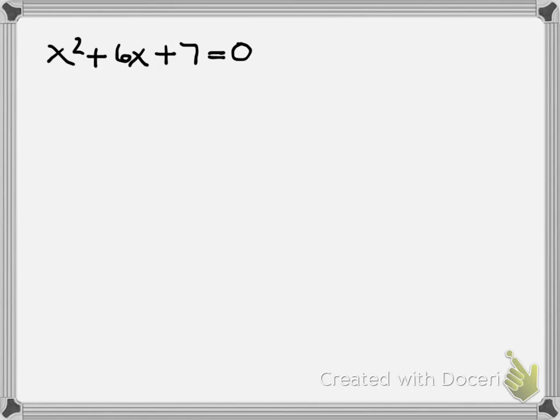Is that a trinomial square? No. At this point, we're stuck. But we're told you have to solve this. You can solve this. So what we're going to do is learn a process that's going to allow us to create a trinomial square. And this process that we're going to talk about today is called completing the square.